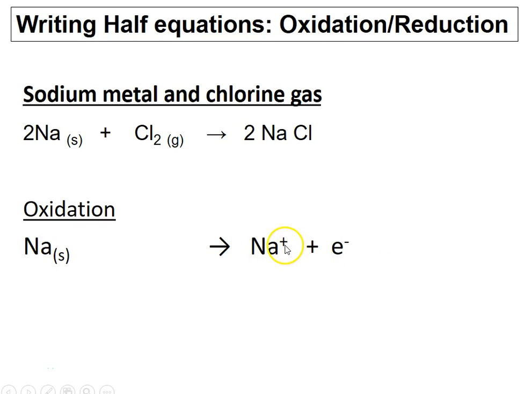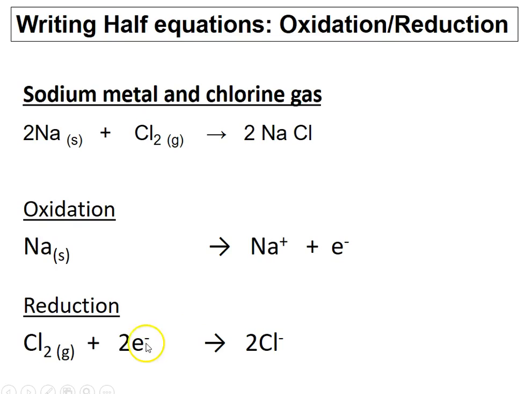You notice this is 1 plus, 1 minus, so those two cancel out to become no charge on this side and no charge on that side. You must write the negative on the electron. Reduction is the gain of electrons. Each chlorine needs 1 more, and there are 2 chlorine sharing at the moment, so they get 1 each, so that you become 2 chloride ions.